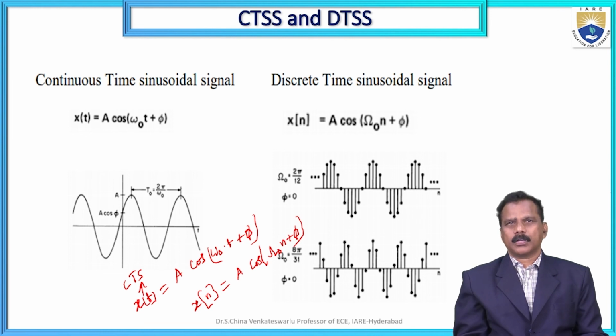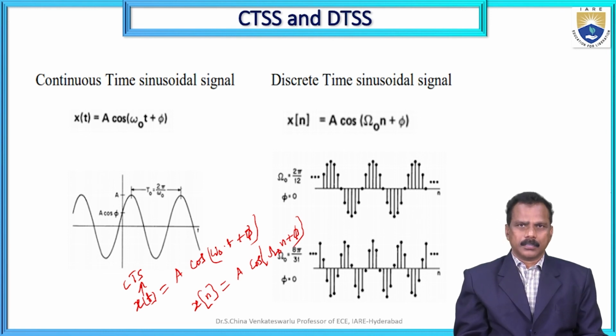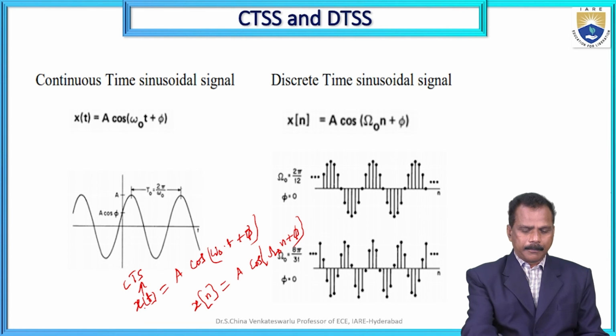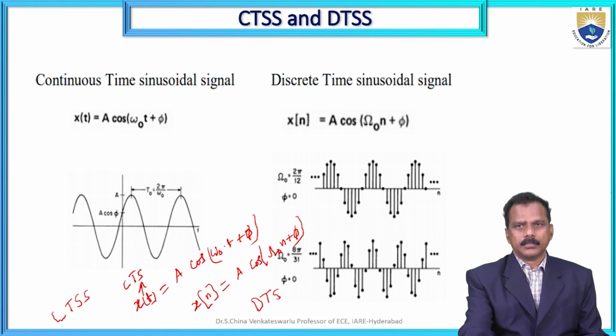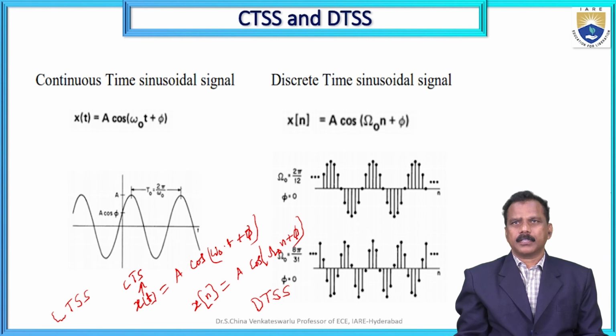So due to this, continuous time sinusoidal signal and discrete time sinusoidal signal will appear as CTSS and DTSS.